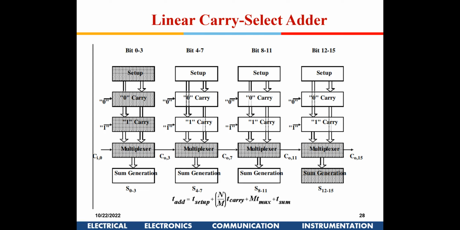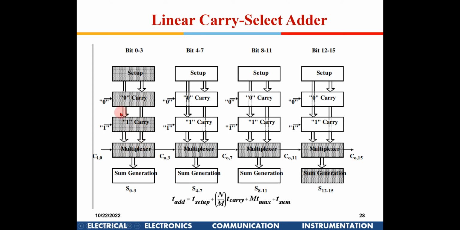What exactly is being done here is, you have a 16-bit adder made into 4-bit blocks. You assume the input carry to be 0 for one block, and assume the input carry to be 1 for the other, and you do the computation in parallel. This carry is coming directly to the mux, and the output of this is also directly coming to the mux.